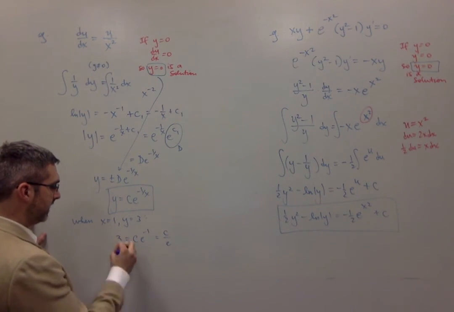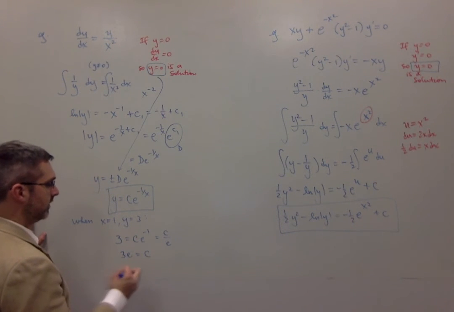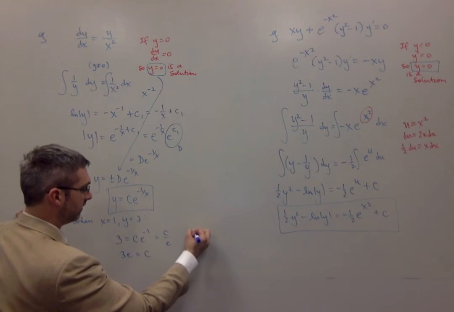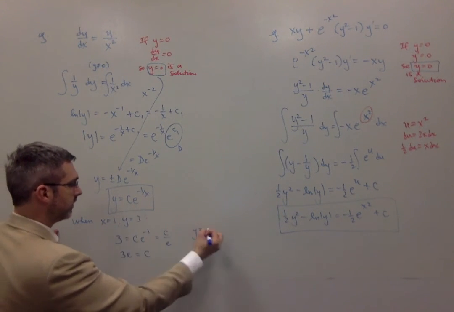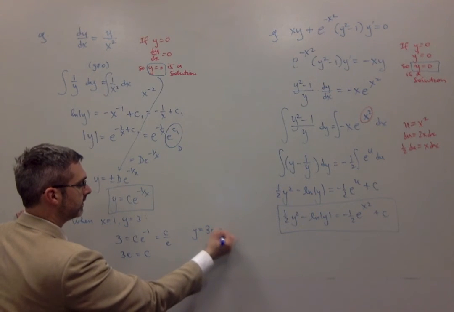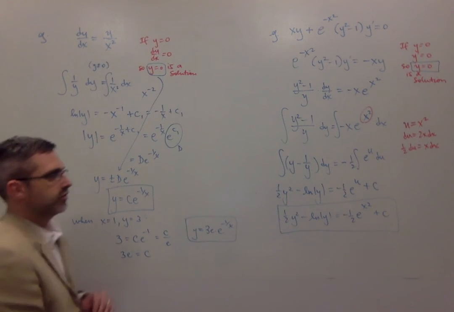So if I put that e to the other side, c is 3e. So my specific solution, this is the general solution, but my specific solution would be 3e times e to the negative 1 over x. That would be my specific solution.